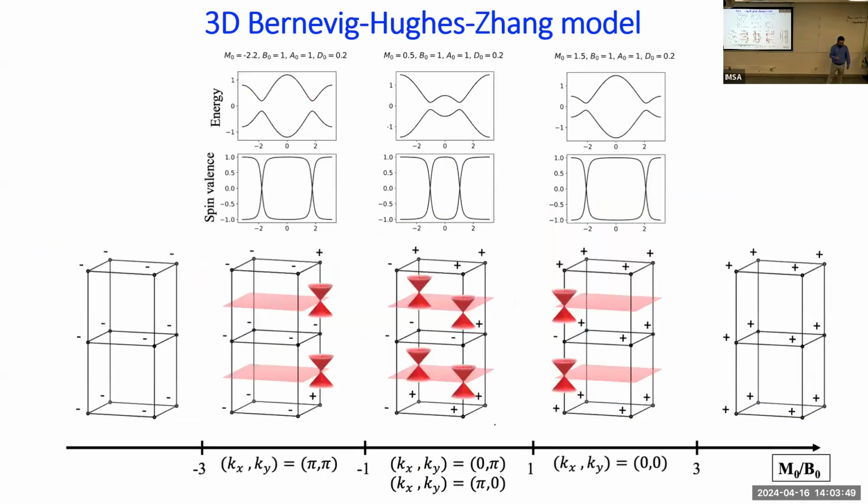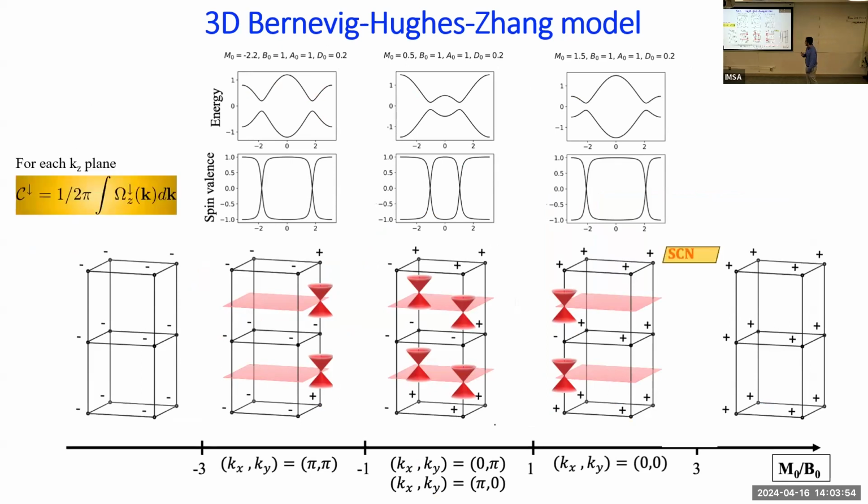To be sure that we have these particular Weyl points, we start calculating the spin Chern number. We calculate the spin Chern number for different Kz planes, and we notice that the spin Chern number changes from 0 to 1, and again to 0, along the Kz path perpendicular to the Kz planes.